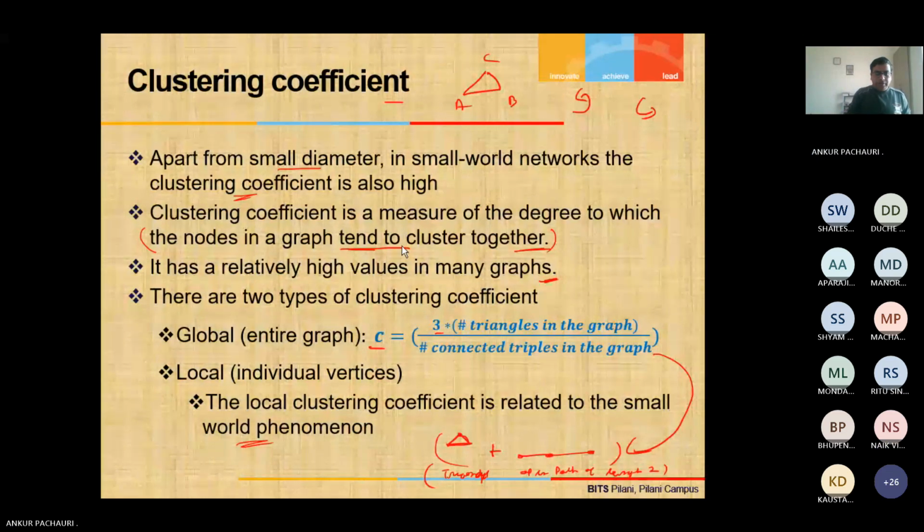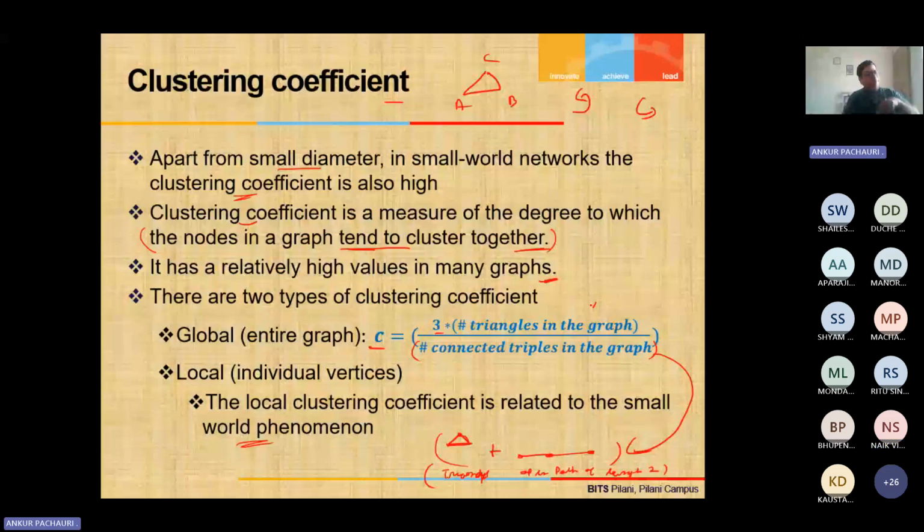So that means if my clustering coefficient is high, there are more triangles. So this denominator is fixed. Now the clustering coefficient will be more if there are more triangles.